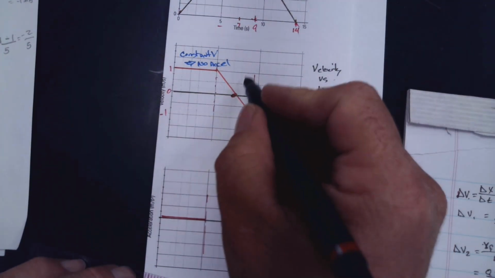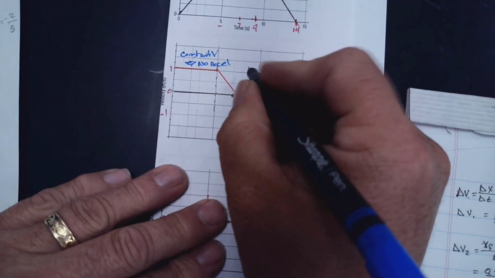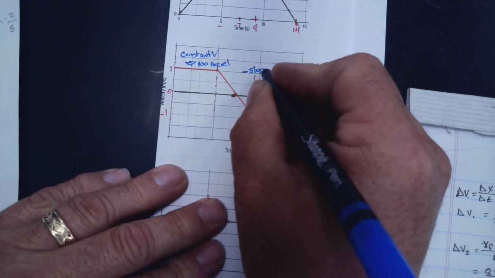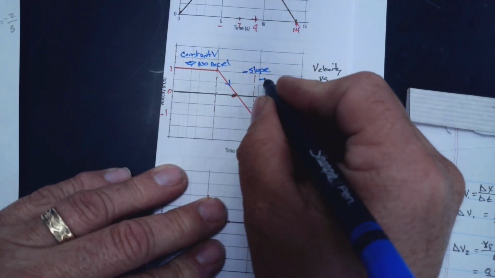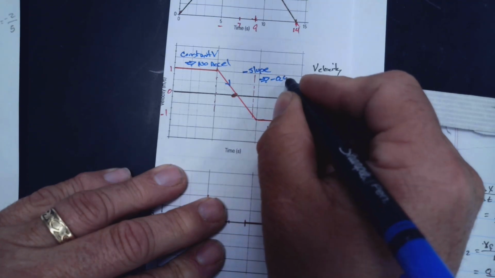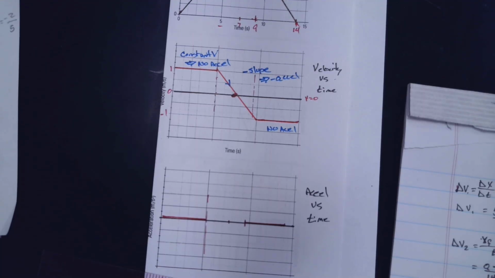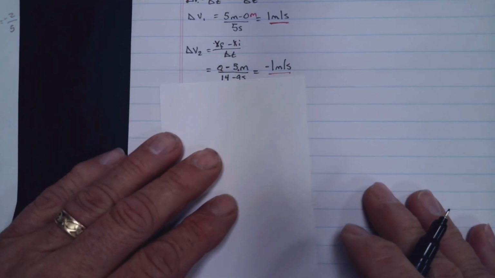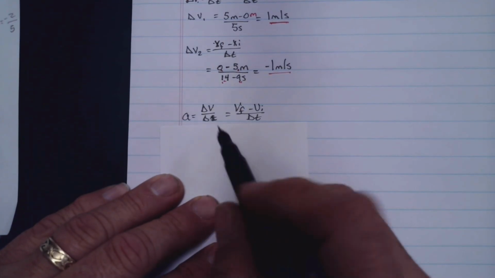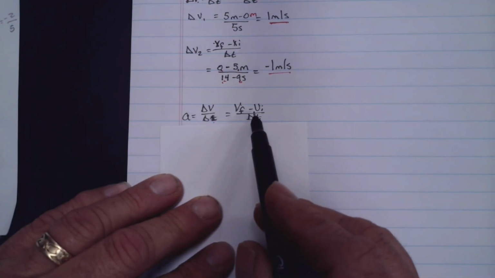So I need to know what's happening here. I have a negative slope. It's going down like this, so that means I'm going to have a negative acceleration. So let's see if the numbers correspond to that negative slope and helps me prove that I've read that right. Well, I know acceleration is change in velocity over time, so my final minus my initial.